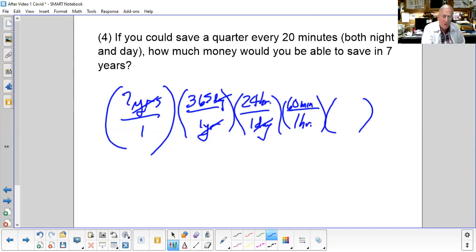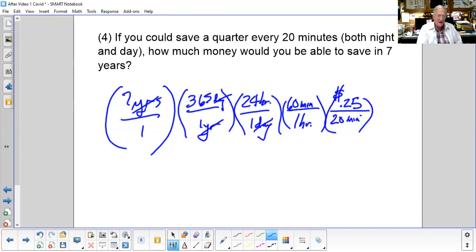So if I put 20 minutes down here and 1/4, and by the way, I'm going to put the quarter in terms of a dollar, not in terms of cents. So 25 cents every 20 minutes.